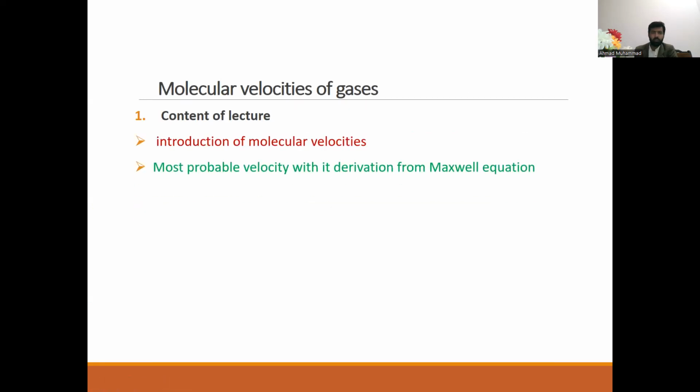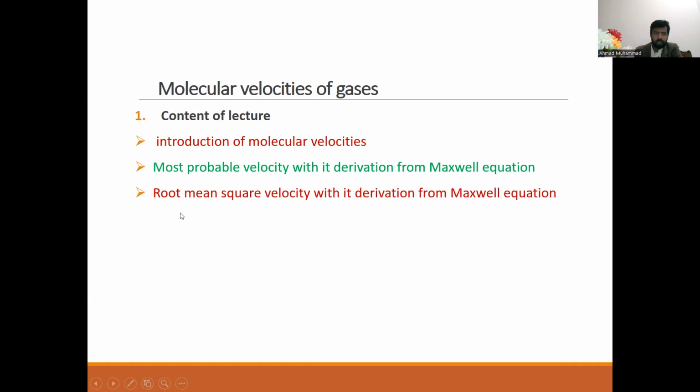Then we derive the most probable velocity, discuss it in detail, and also derive it from the Maxwell equation. And then we will discuss the root mean square velocity with its derivation from the Maxwell equation.